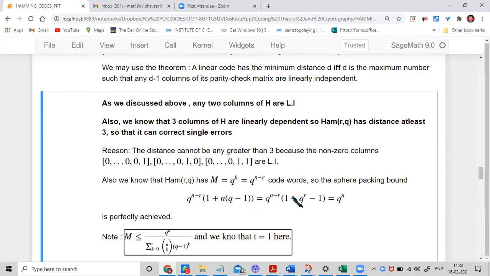On substitution, we get q to the power n, which is the RHS itself, and the equality holds. So the equality for the sphere packing bound becomes true, and hence it is perfectly achieved. This is the proof for the Hamming code being a perfect code.